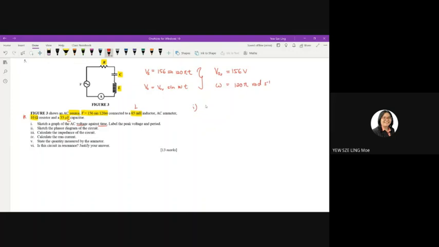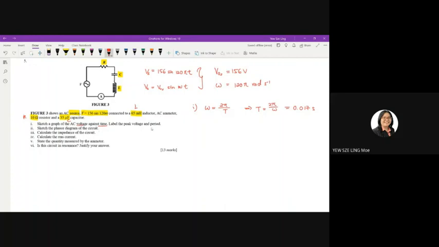We know that omega equals 2 pi over T. Rearrange the equation, you get T equals 2 pi over omega. Substitute the values into the equation, and you should obtain the period equals 0.017 second.